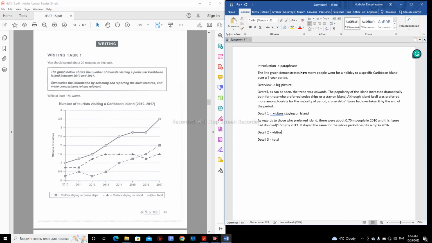And now I can write about visitors staying on cruise ships. We can see there's a fluctuation in the first 4 years, so I can talk about that.